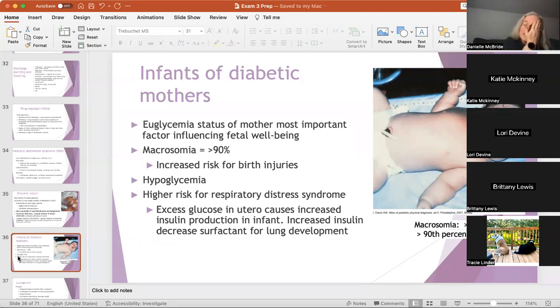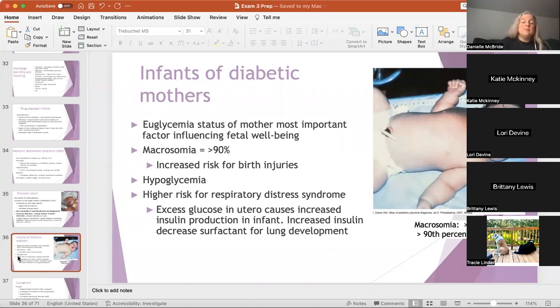So our babies that are big, what are they at risk for? Shoulder dystocia. Yep, birth injury, shoulder dystocia, and hypoglycemia. If mom's diabetic and has poor glycemic control, her body has tons of glucose that it's giving that baby. Babies' bodies make their own insulin; insulin is not crossing the placenta to the baby.